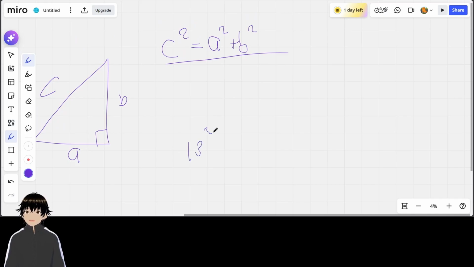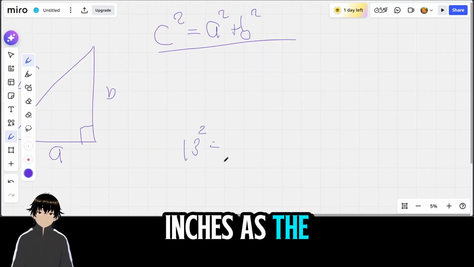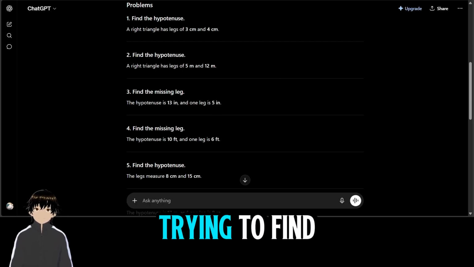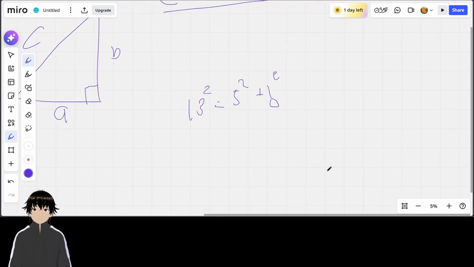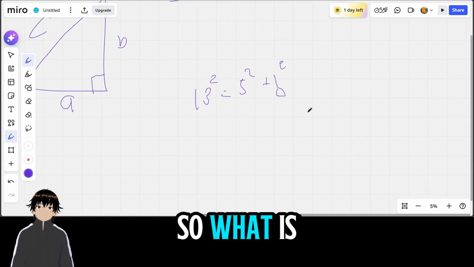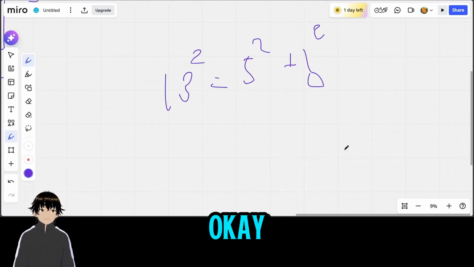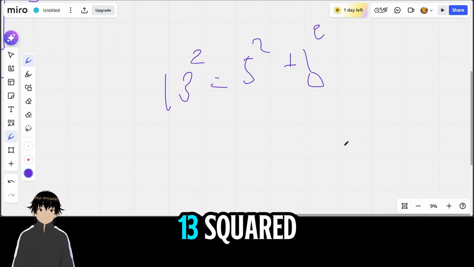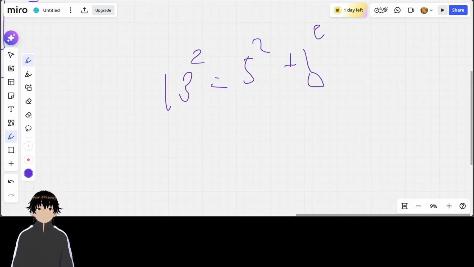We have 5 inches as the other leg, and we're trying to find B. So, what is 13 squared? 13 squared is 169. 5 squared is 25.